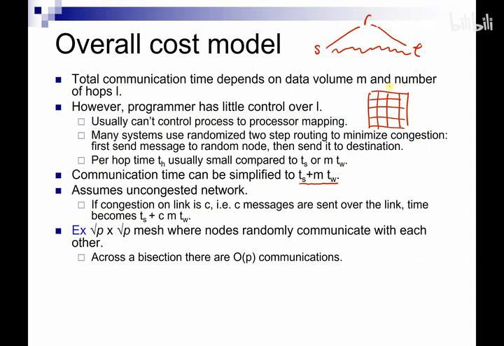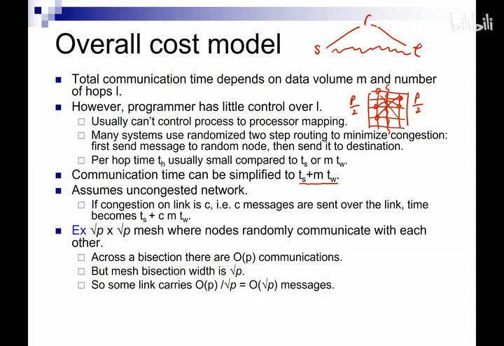If you cut this network at some point, then you might have half of the processors trying to communicate with processes in the other half. So you have half your processors over here, and the other half over here, and across this bisection, across this cut that you made, you could have up to order P communications.